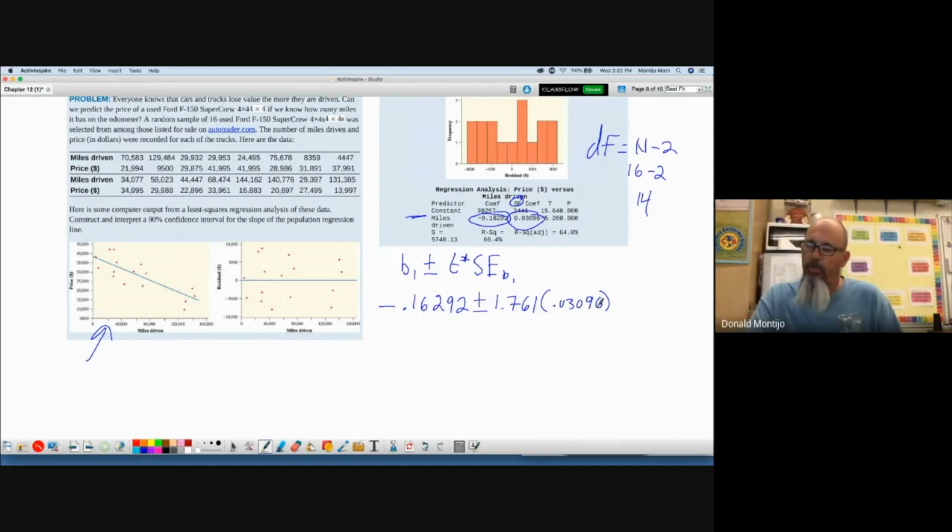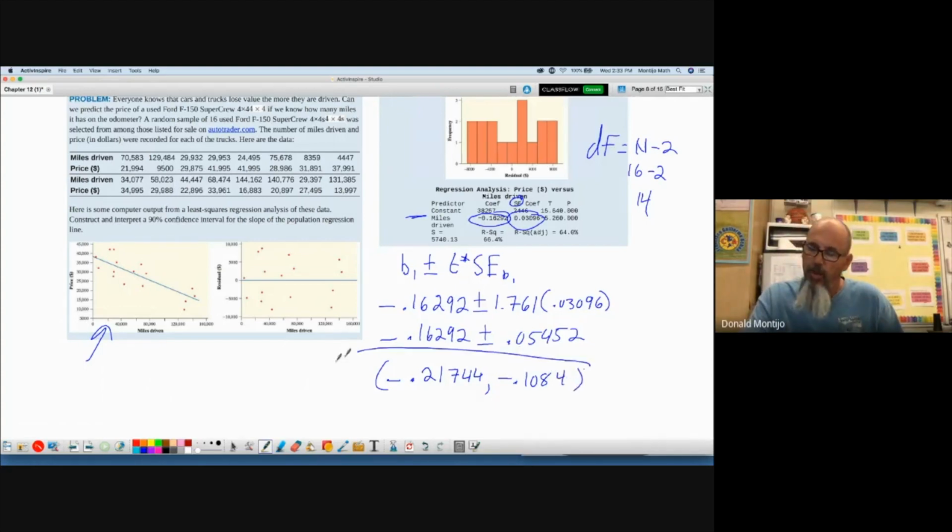I'm going to multiply those two values together. So I'm going to have negative 0.16292 plus and minus 0.05452. I'm going to add and subtract those, and I'm going to come up with an interval of negative 0.21744 to negative 0.1084.